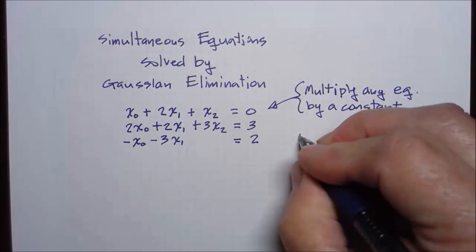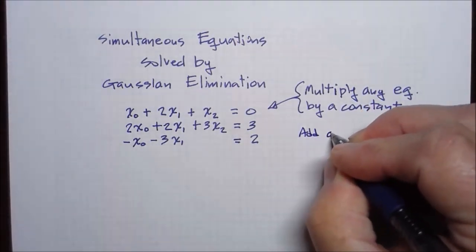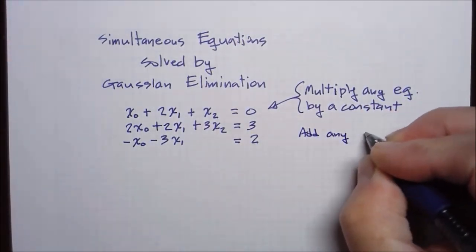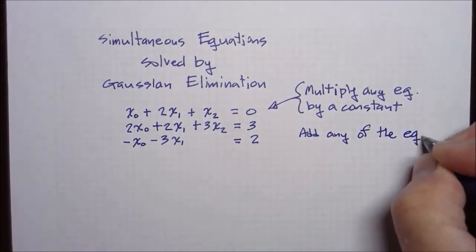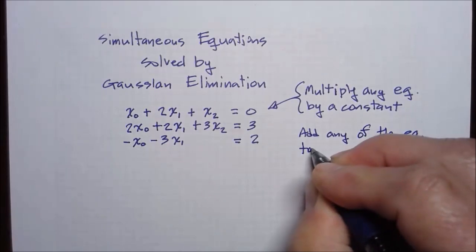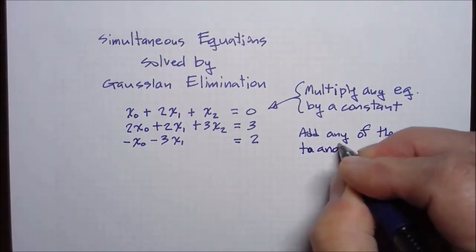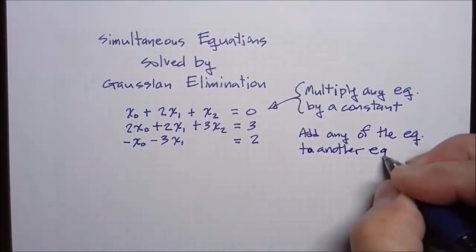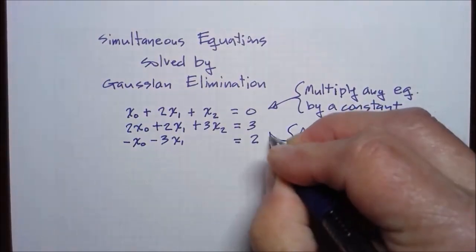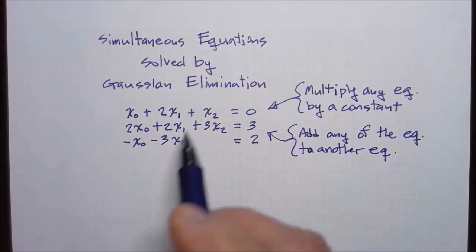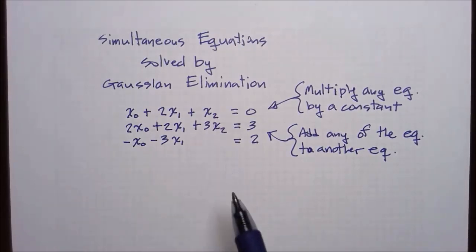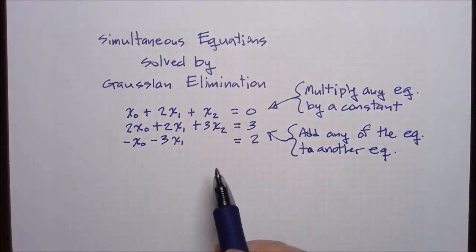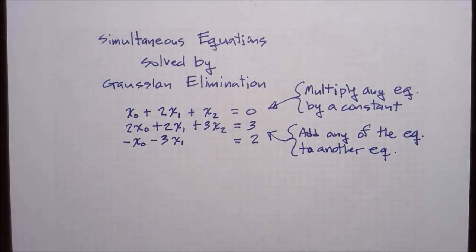So we can add any of the equations to another equation, and that will not change the set of equations. And we want to use this in developing a method to solve these equations.